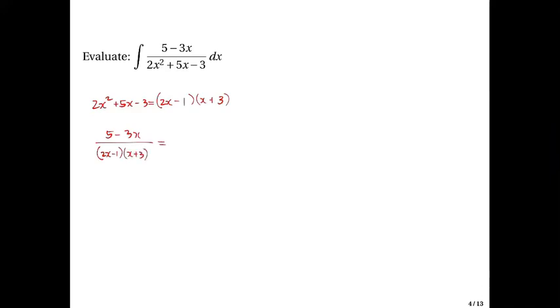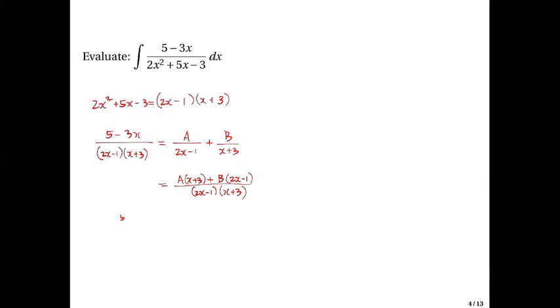So this is equal to a over 2x minus 1 plus b over x plus 3, or this is equal to a times x plus 3 plus b times 2x minus 1 all over 2x minus 1 times x plus 3.